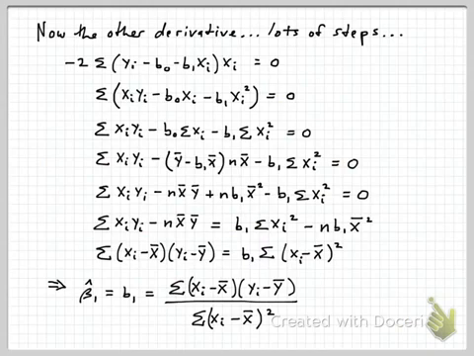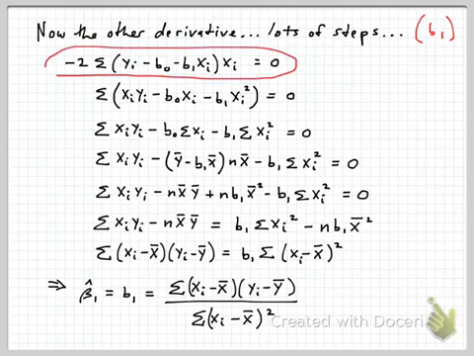Now, the other derivative, which is with respect to b1, there's a lot of steps here, and there's nothing that's very complicated, but it's a bit tedious. But here's what we started with, was this guy right here. Again, we divide through by -2, so we simplify it a little bit to get to here.